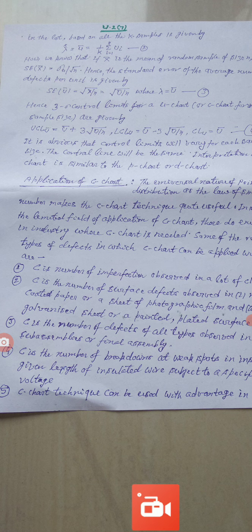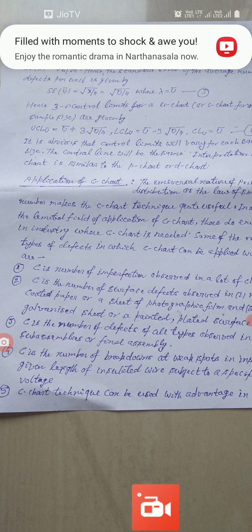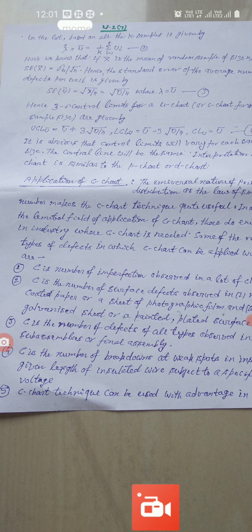Some representative types of defects in which the C chart can be applied with advantage are: number 1, C is the number of imperfections observed in a lot of cloth.